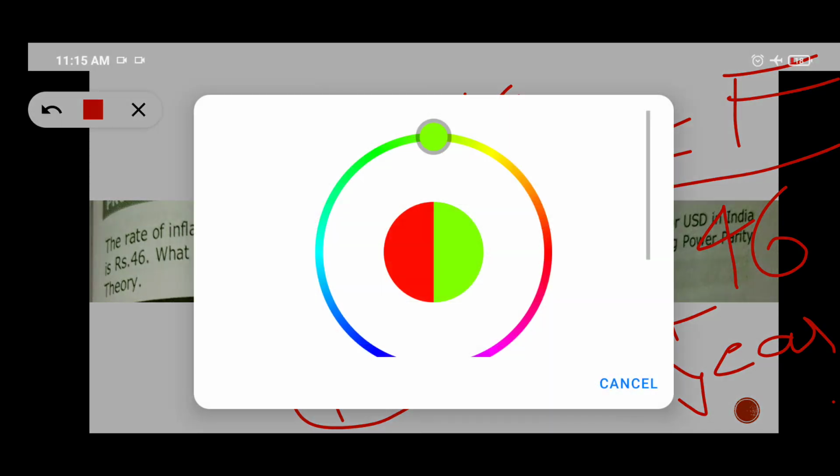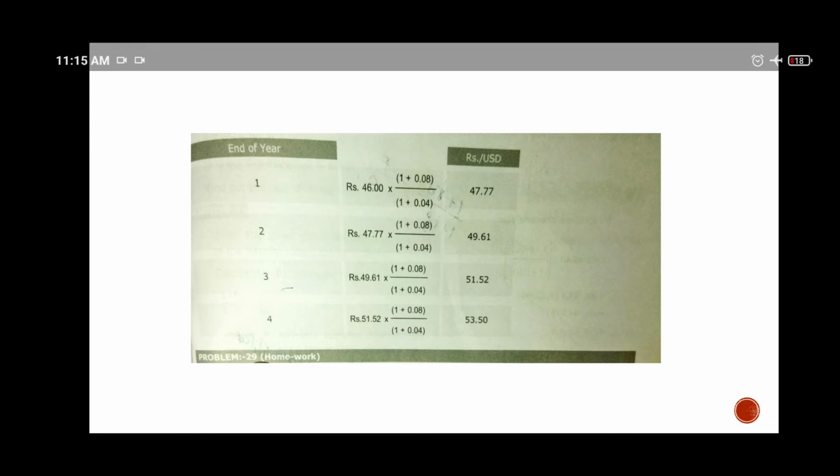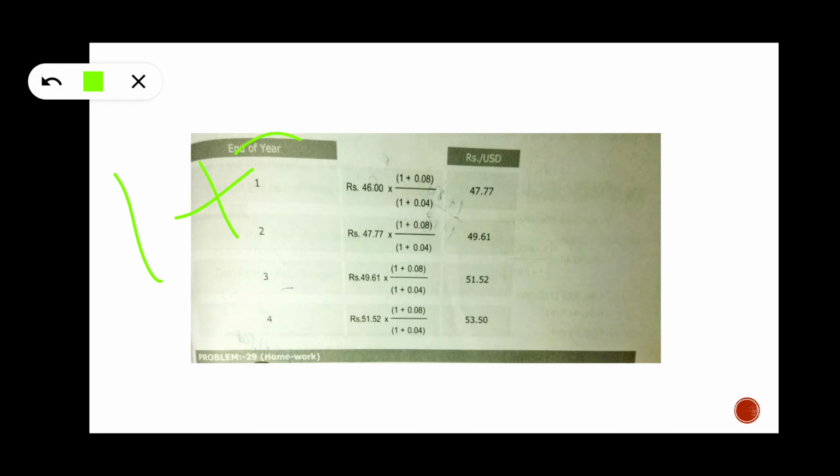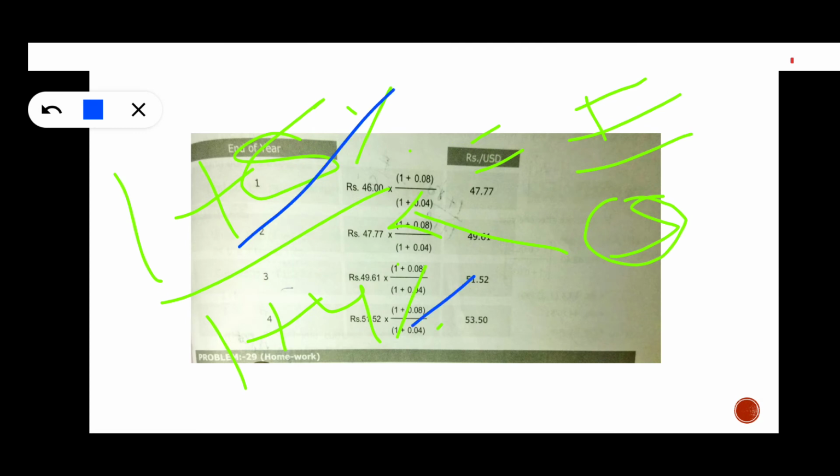So by using this formula, 1 plus 8% divided by 1 plus 4% equal to F by S, with S as 46, we find the forward rate 47.77, and when you substitute in the same formula, we get the forward rate for the first, second, third and fourth year.